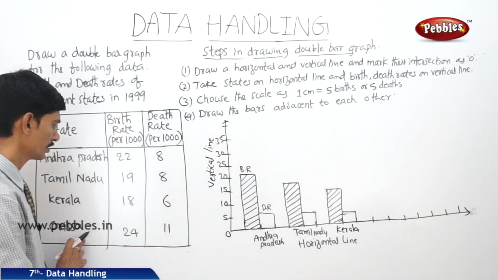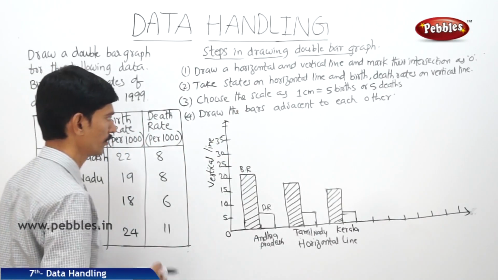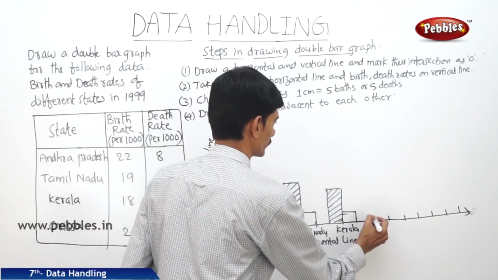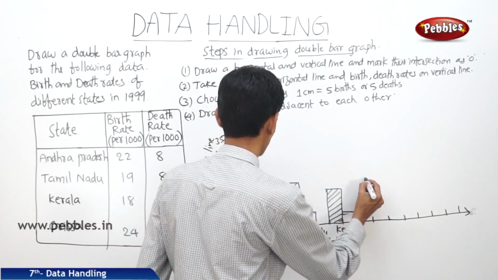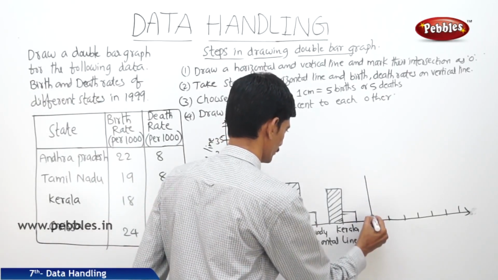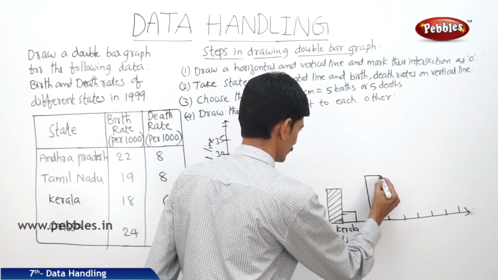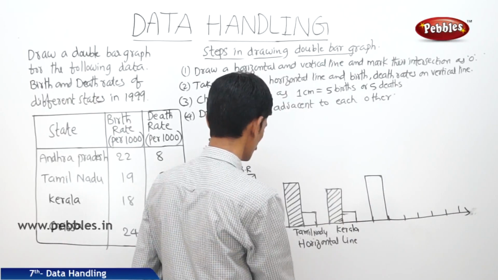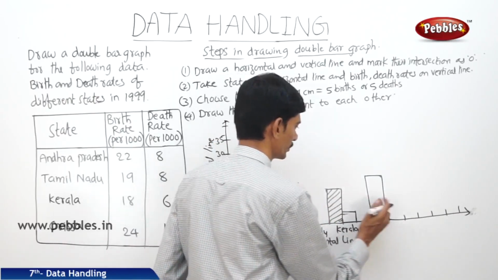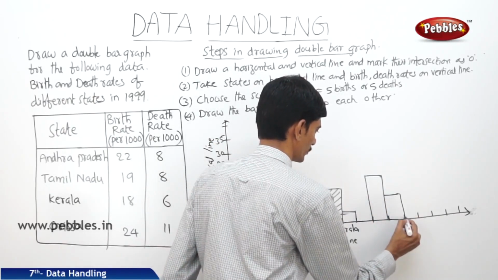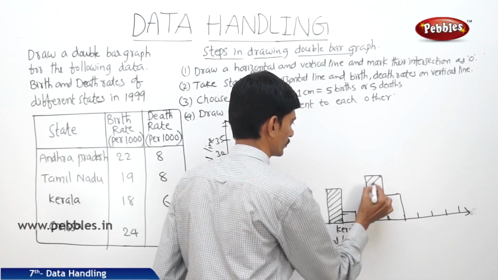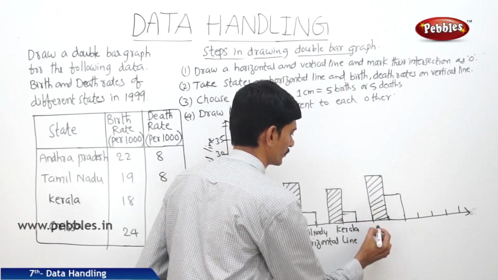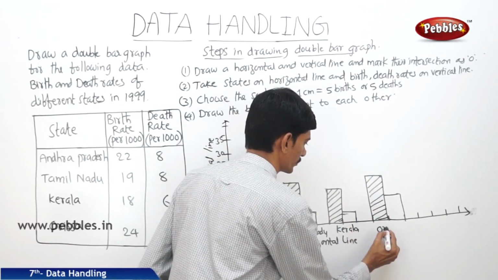Next Orissa, 24 and 11. So it is less than 25. And 11 means it is about 10. So this is Orissa.